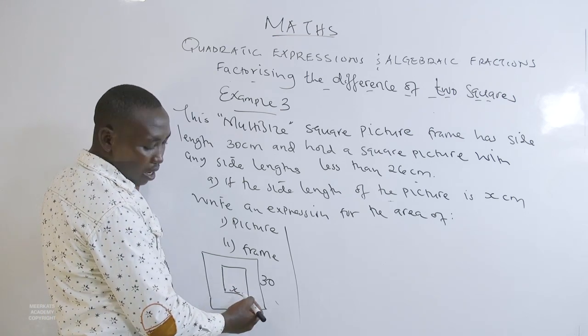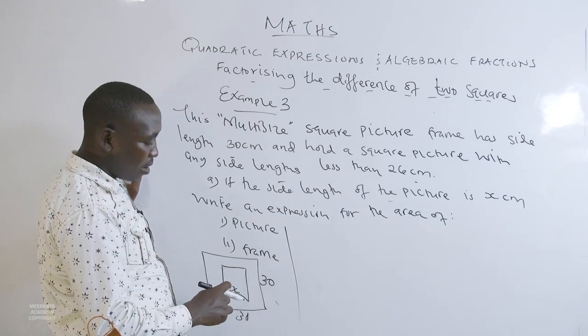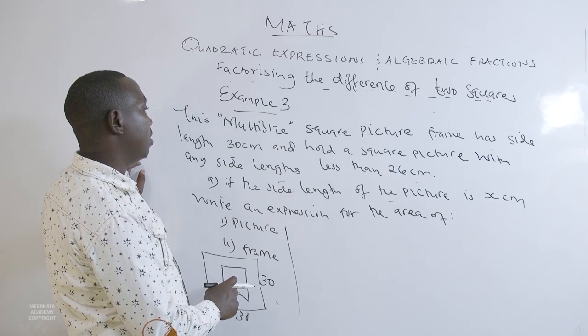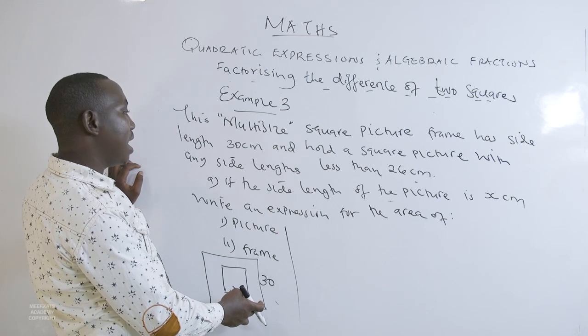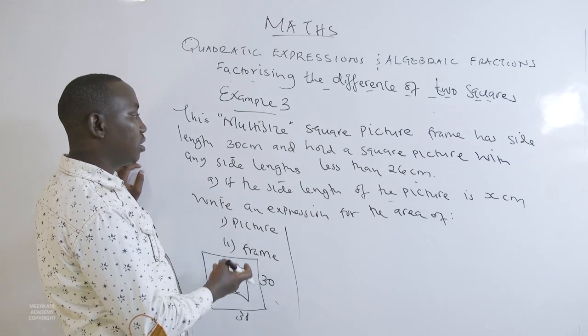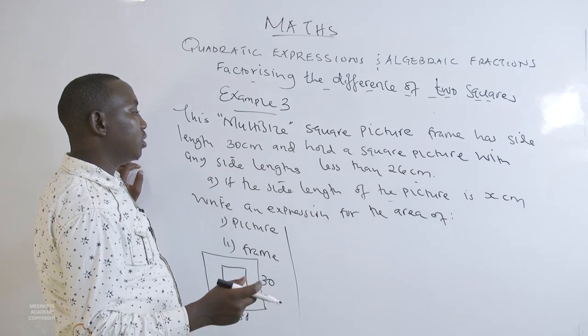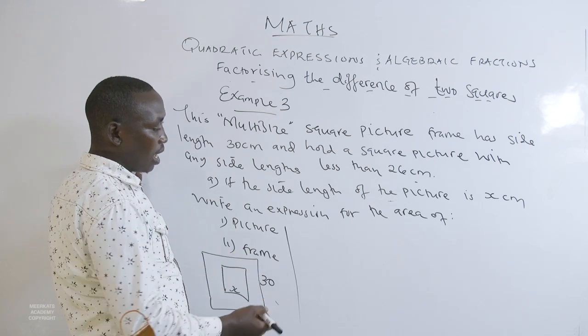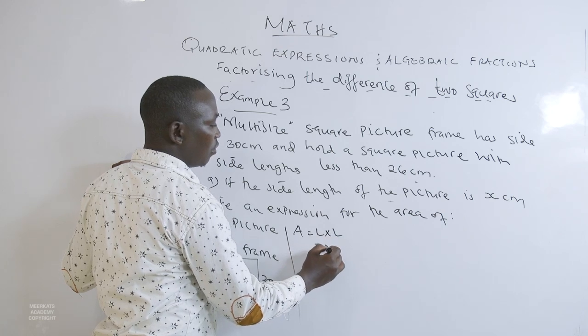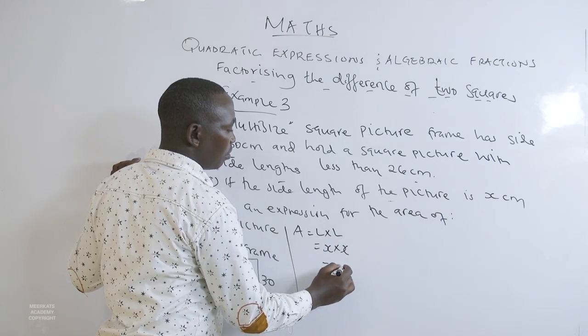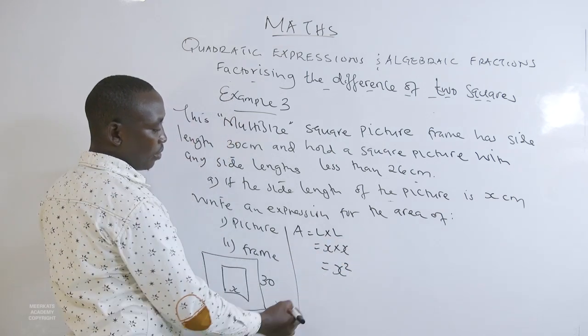Now this picture will be a square picture measuring x by x. We now want to get its area, and area will be given by length times length, which is x times x, which is going to be the square of x.